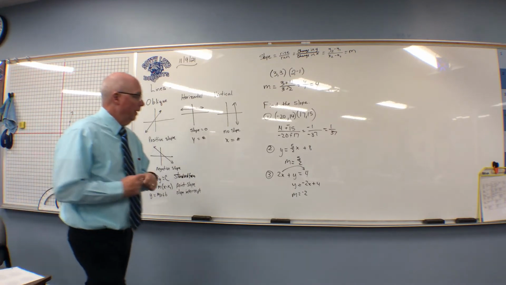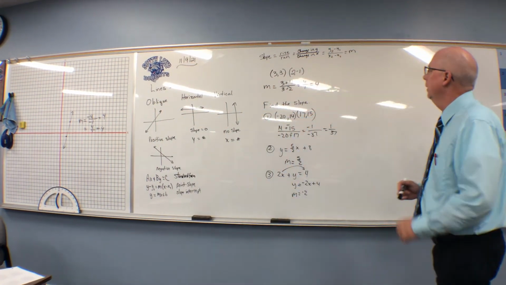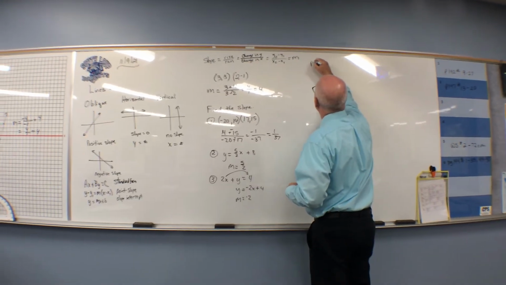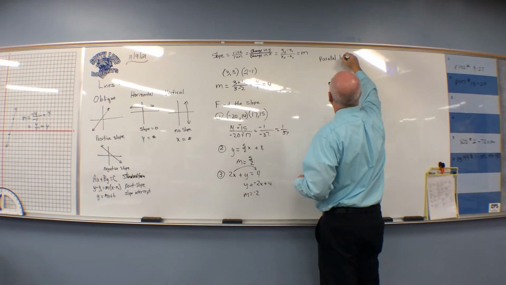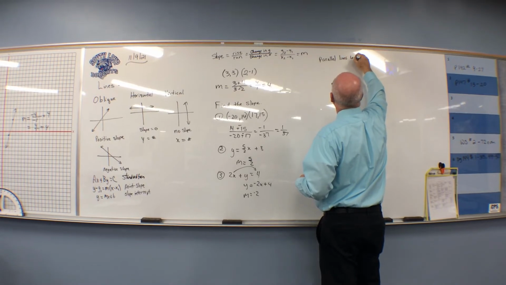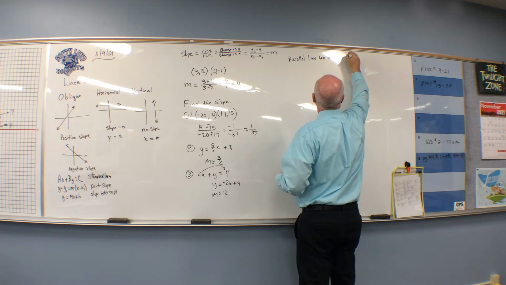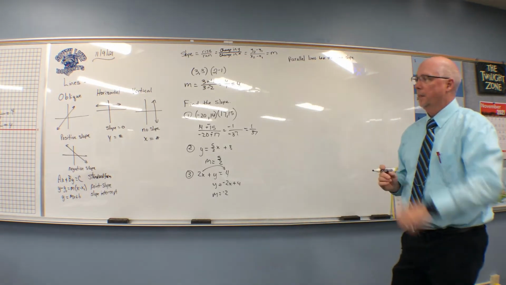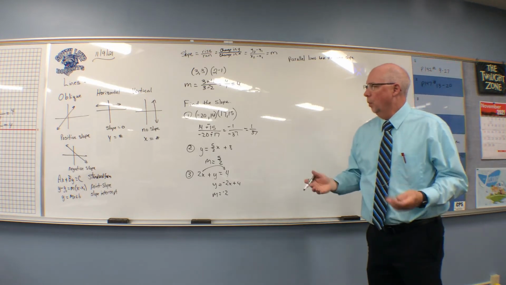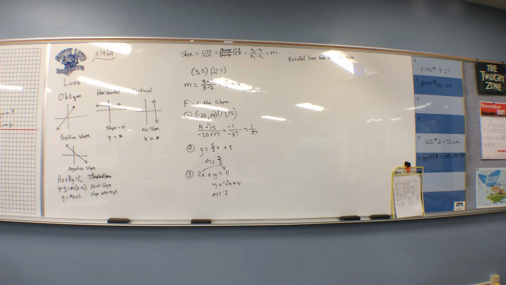Okay? All right, let me tell you something else about slope. Can you turn this a little bit so we go over it? Okay? Parallel lines have the same slope. Parallel lines have the same slope. So if you have 2 parallel lines and one of them has 2/3, the other one has 2/3.